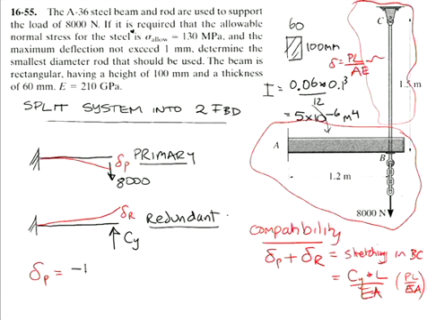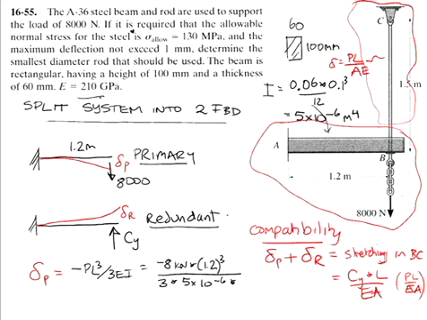The formula was PL cubed on 3EI. So that's equal to minus 8, I'll leave it in kilonewton, times our length. This length here is 1.2 metres. 1.2 cubed on, we're given the value of E, and the I value we worked out here, 5 by 10 to the minus 6.